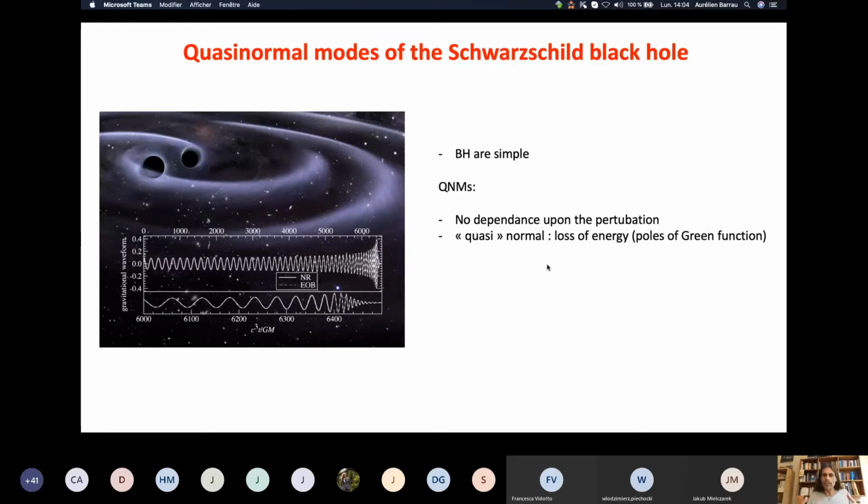We can really study the system in itself, and their decay is not, strictly speaking, made of normal modes, but of quasi-normal modes, just because the system is losing energy. It is an open system. We emit gravitational waves. So slightly more technically speaking, the quasi-normal modes are the poles of the Green function.